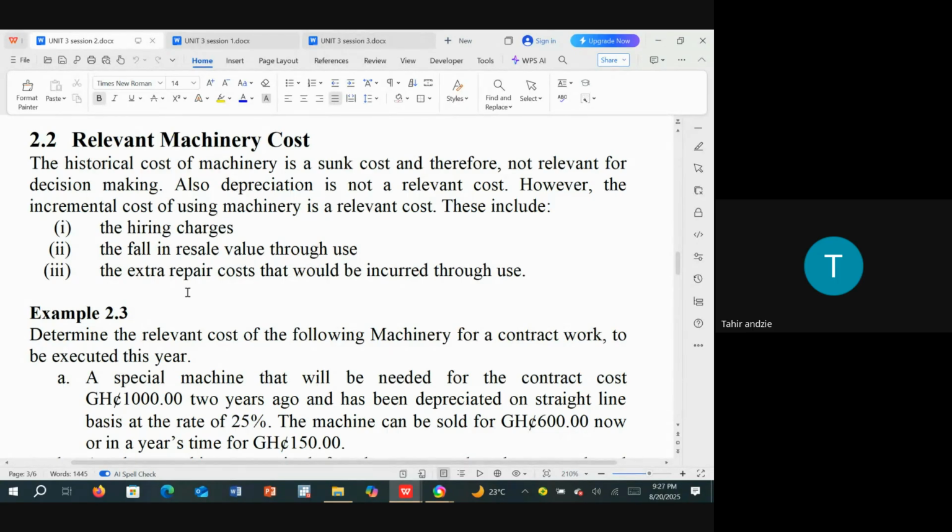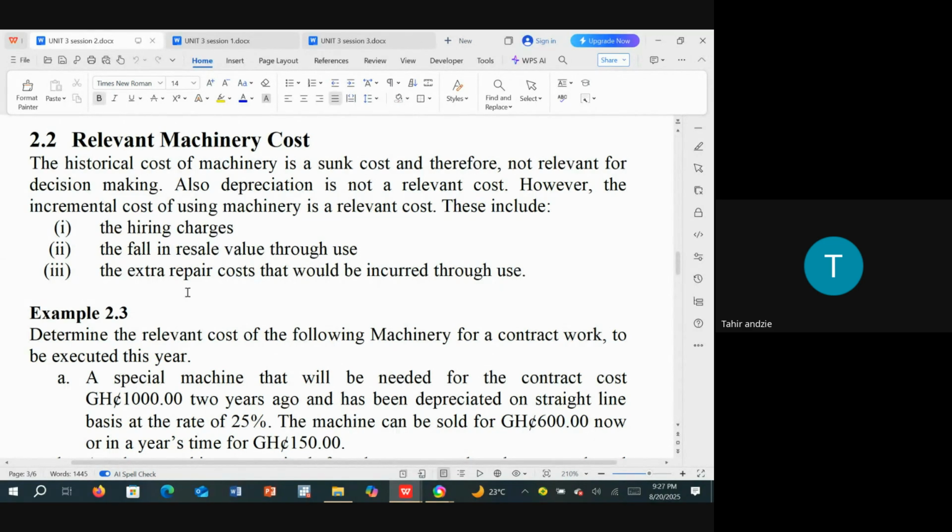Now, the relevant cost of a machine to a particular product is the incremental cost of using the machine. And this includes the hiring charges. Here, we are referring to the amount you pay for hiring a machine. You haven't bought the machine, but you have gone to hire it specifically for a particular product.